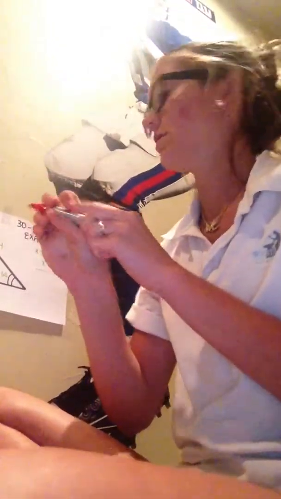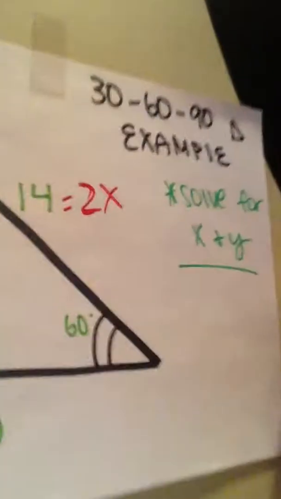So now with an example, you're going to be solving for x and y. You can tell that the hypotenuse is 14. So first you're going to label, like we did on the other one. We're going to label the hypotenuse. The hypotenuse is going to be labeled 2x like that.